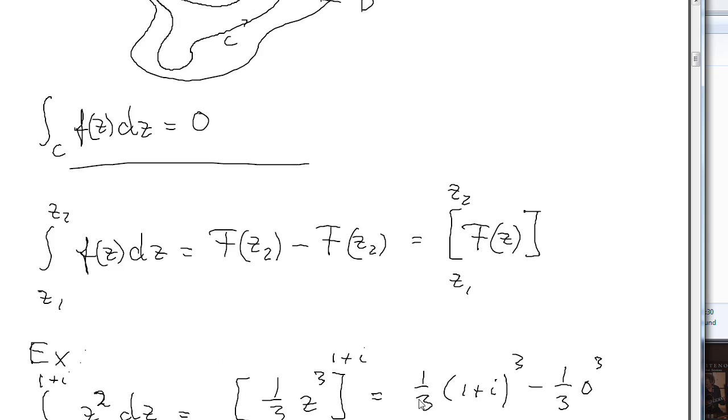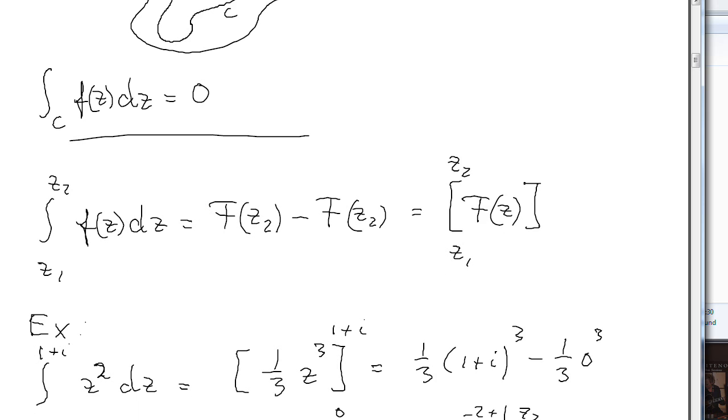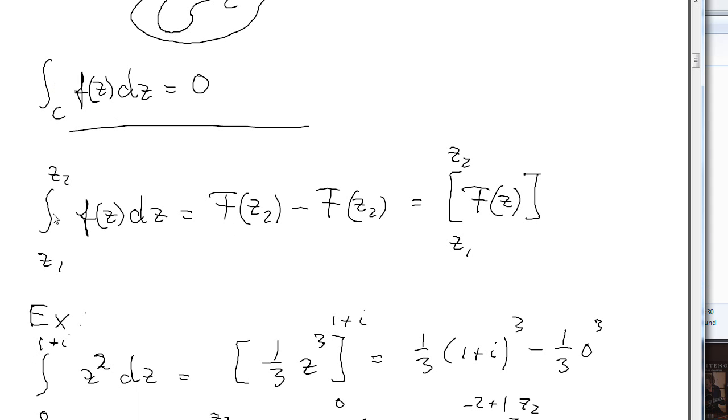Okay, in the case when the integral is independent of the path between two points, then we can write this symbol instead of using the integral over C sign.